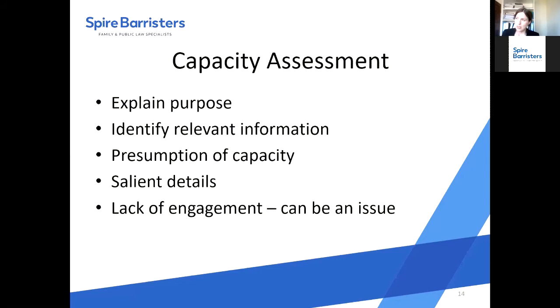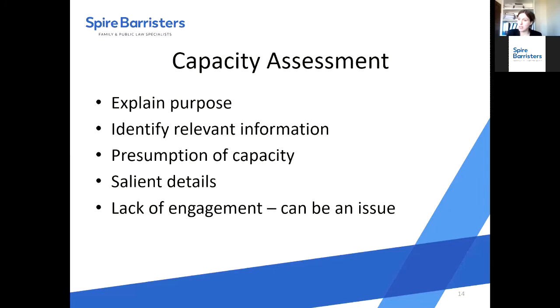So there, it might be that a lack of engagement demonstrates, or partly demonstrates, a lack of understanding or a lack of an ability, but it might not. But it's something just to bear in mind when you're faced with that sort of situation.